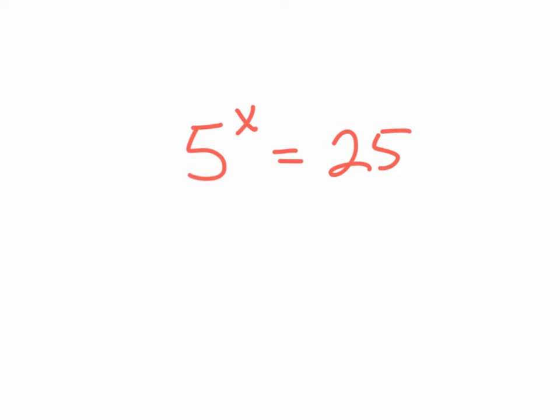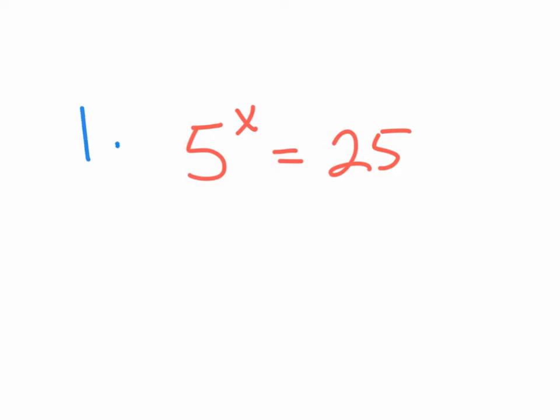Now, I don't want an exponent. And when I don't want an exponent, I'm going to do the inverse of an exponent. And the inverse of an exponent is truly a logarithm. So how am I going to get rid of the base 5? By doing something to both sides of this equation.